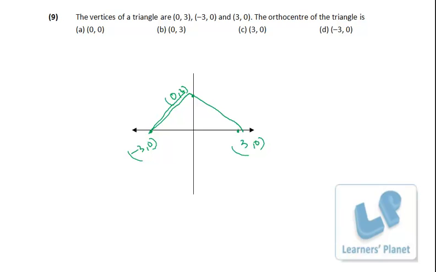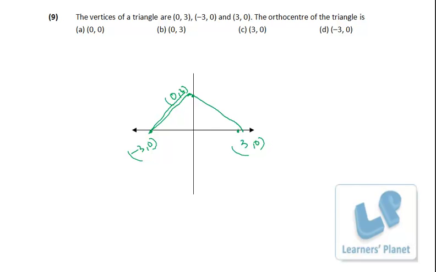Now if we just check the slope of this line and this line, if these two lines are perpendicular to each other, then it will be a right angle triangle and this will be the orthocenter, right? So the slope of this is 3 by 3, that's 1, and this is 3 by 3, that's 1.